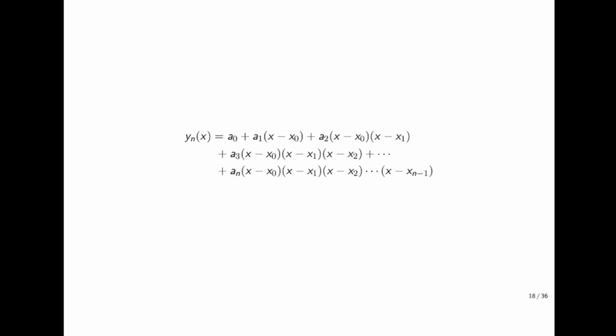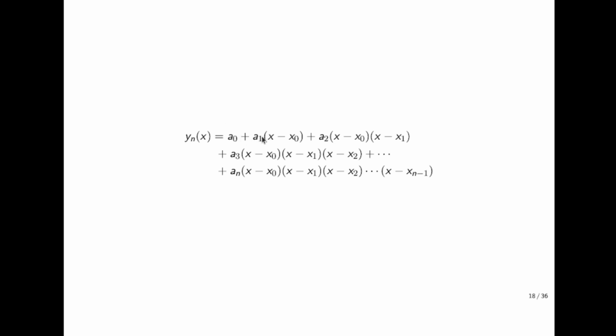The first thing we are going to do is put x equal to x0 on both sides. When you substitute x equal to x0, the left hand side will become y0. Meanwhile, the right hand side will become a0, because all the terms which contain x minus x0 will become x0 minus x0 and become 0. The second term, third term, fourth term, all the other terms will become 0. Thus, we get a0 is y0. Once you get a0 equal to y0, the next attempt is to find a1.